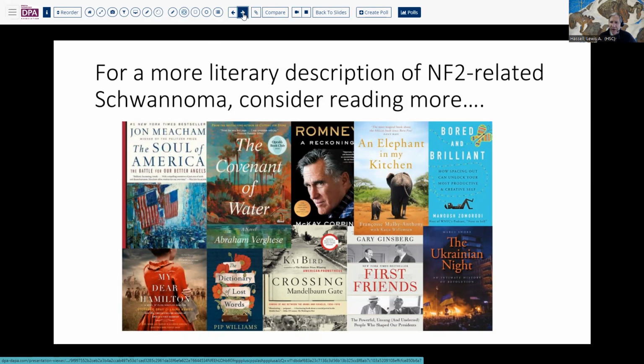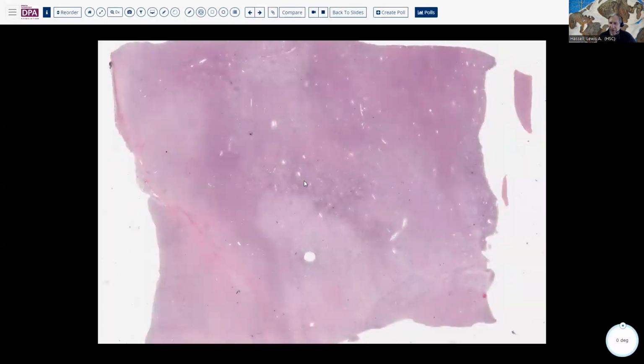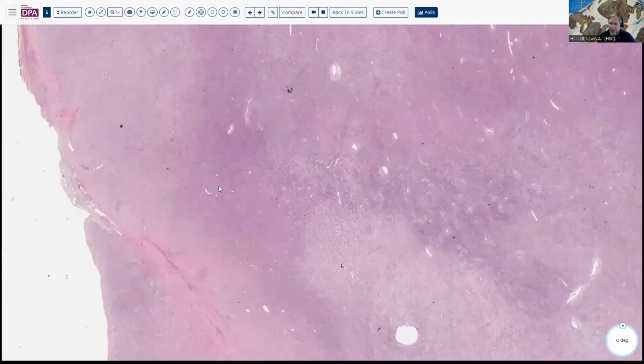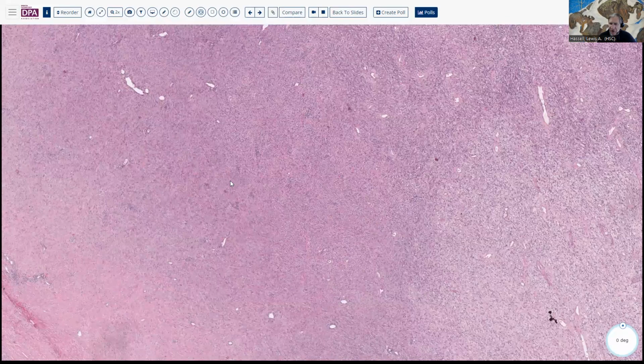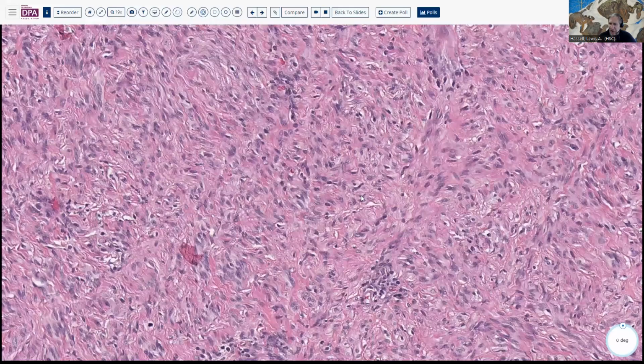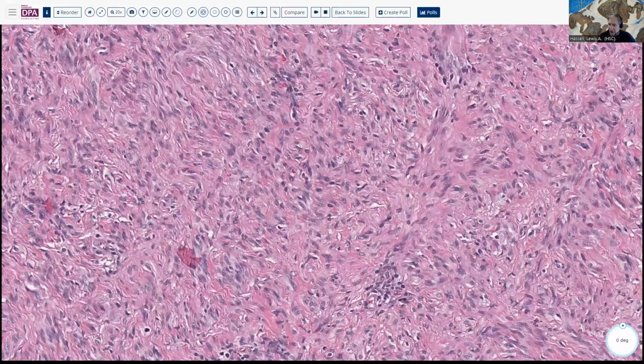Okay, so going on here, here's a nice example, a fairly large tumor. We see, again, areas of low cellularity, higher cellularity, so-called Antoni A and Antoni B regions, and this very nice wavy spindle cell process.